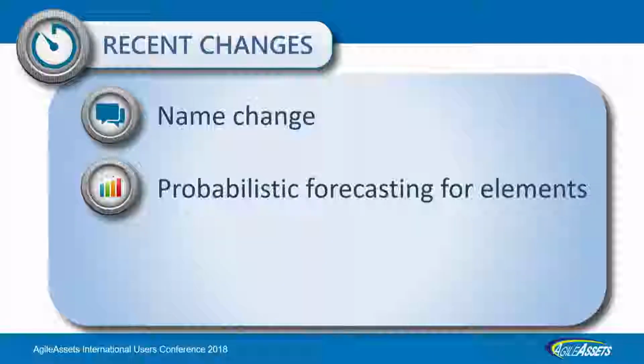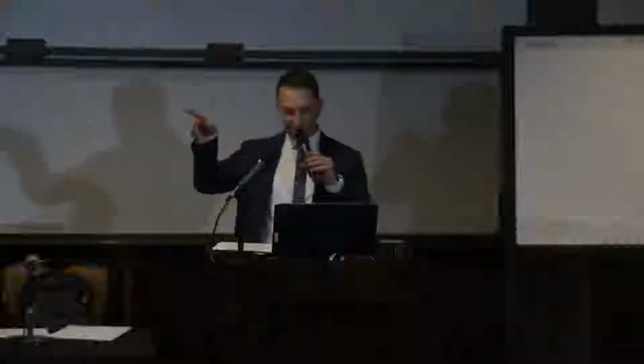So the second thing, and these are just the main highlights of recent changes, we incorporated probabilistic forecasting for elements. Now, in our software, MBI components, deck, superstructure, substructure, have deterioration curves and models that are deterministic.